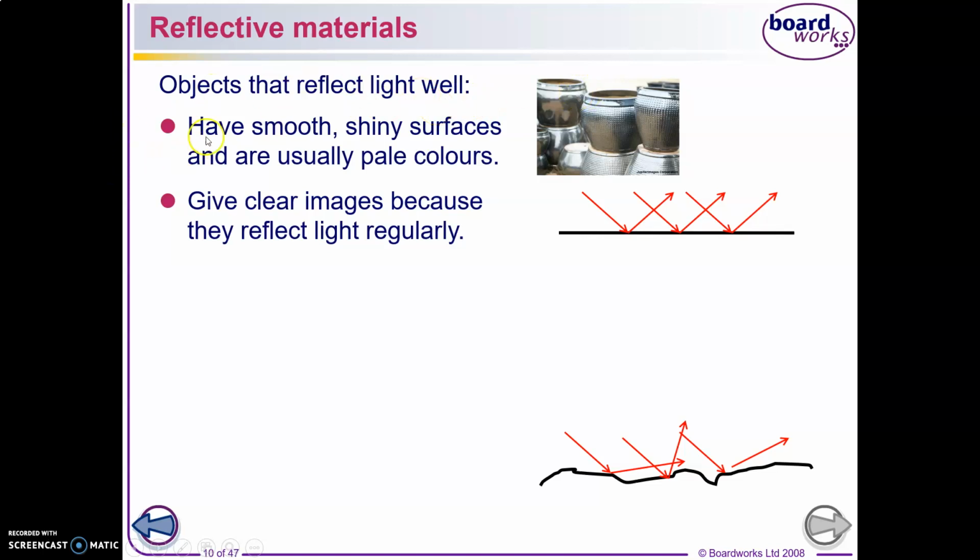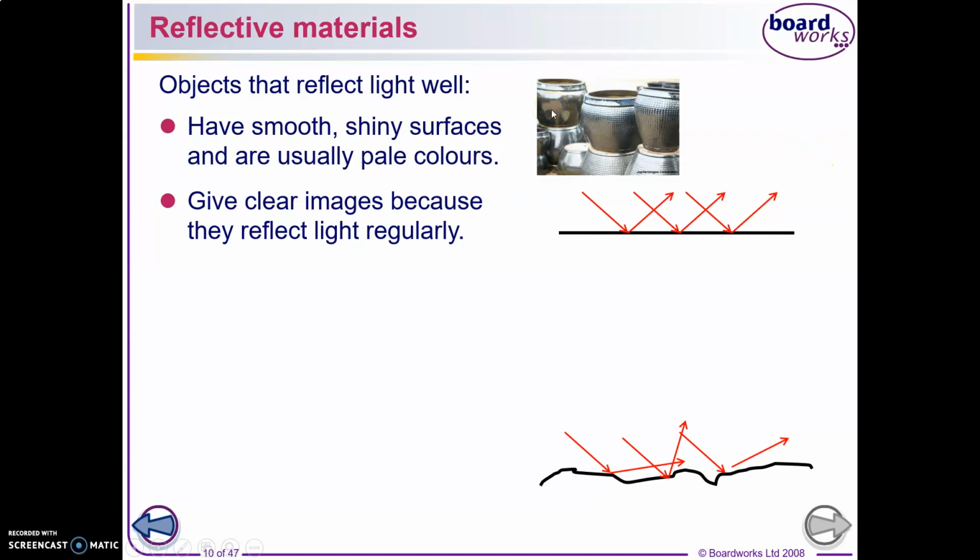These objects should be smooth and have shiny surfaces, and usually they are pale colors like most of the metals and also mirrors. They give a clear image because they reflect the light regularly, like the one here in the picture. So each of the rays that hits that surface is reflected regularly.